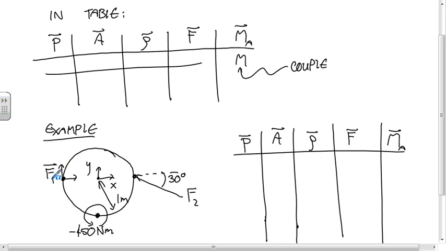Well, first let's put in the force F1. What's the location where that's applied? Yep, negative 1, 0. Oh, the about point, did I specify that? We could put that wherever we want. So let's put the about point here.